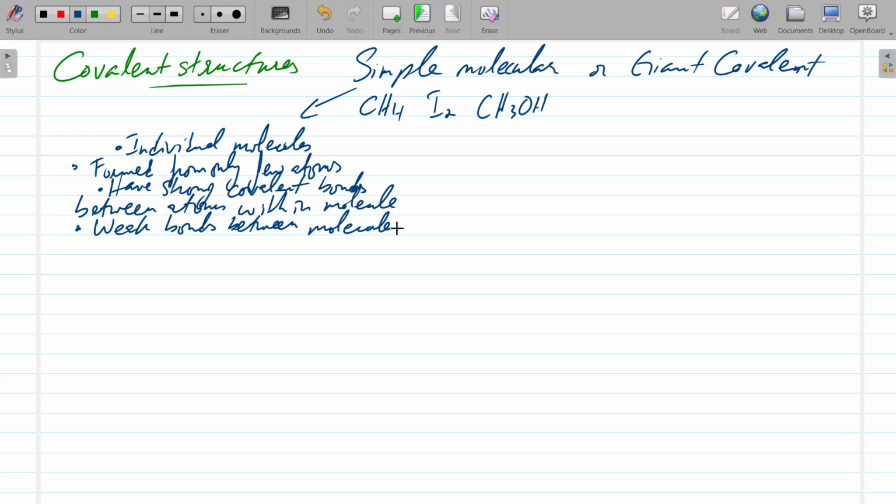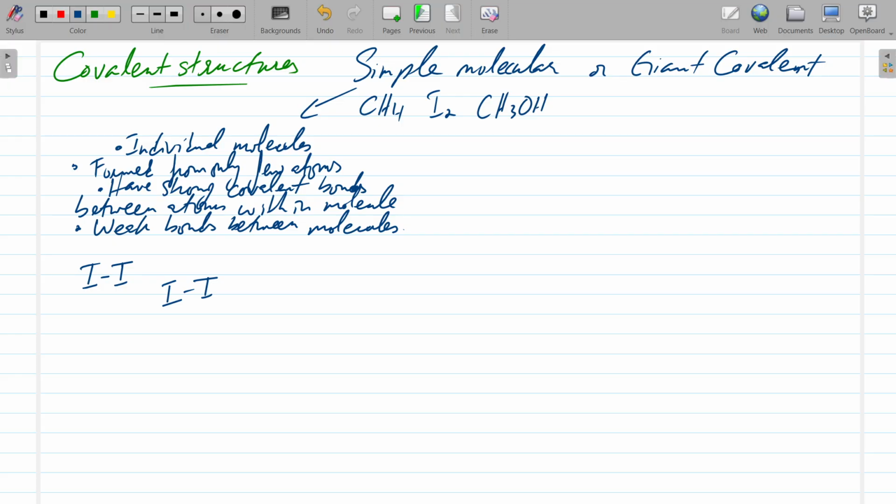So for example, you've got a molecule of I2. That's diatomic iodine, and that dash is a covalent bond. And you've got another one over here. Or you could take H2 or O2 or N2 or CH4 or whatever you want.